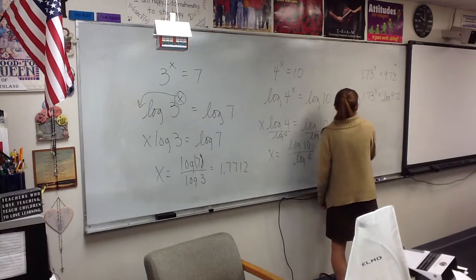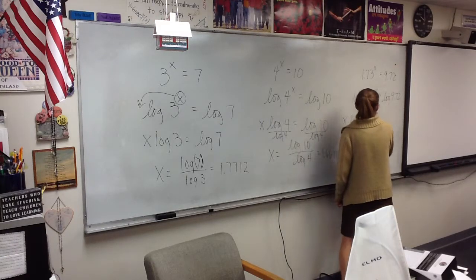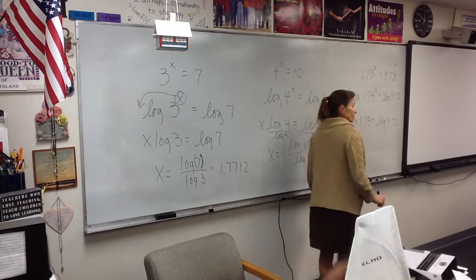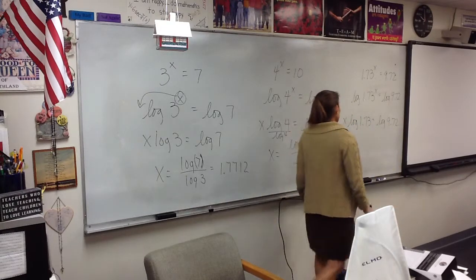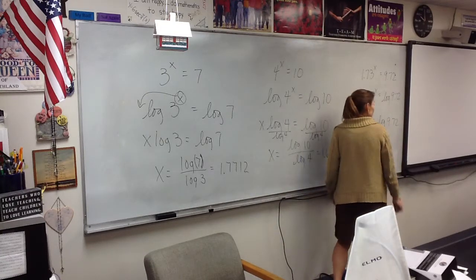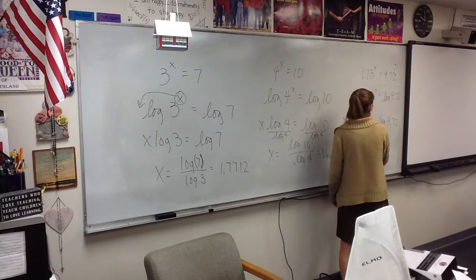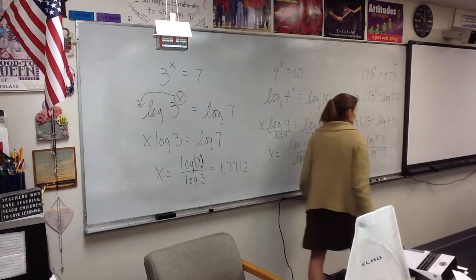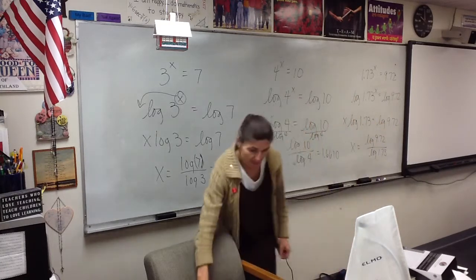So x is going to come out in front. And Jordan Bruns, what will I end up typing into my calculator? You are exactly right. Good job. So let's type that in.